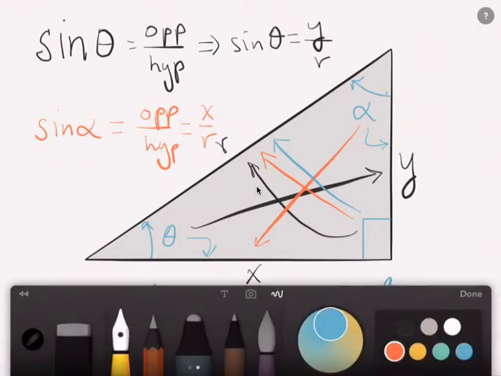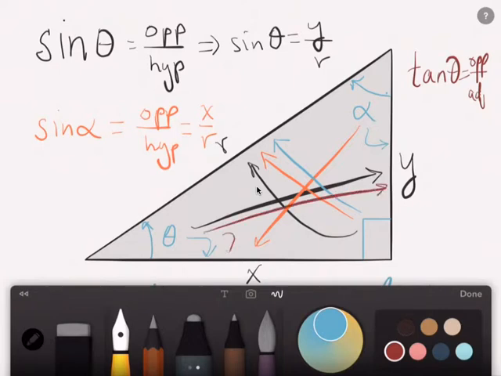The next one is going to be tan. Tan of theta is equal to the opposite side to the angle theta, over the adjacent side to that same angle. So what's opposite is y, and what's adjacent is x.